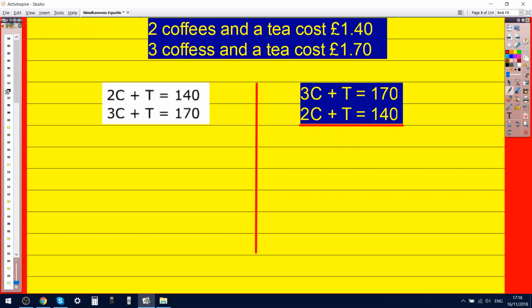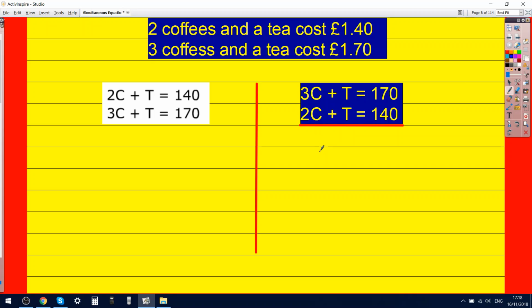C is 30. Yep. And T? 80. Yes, that's it. T equals 80.